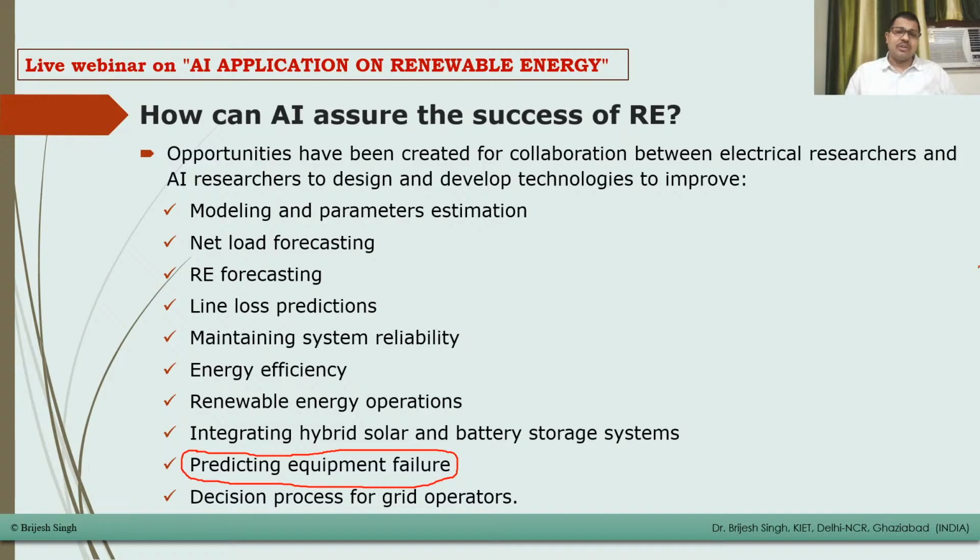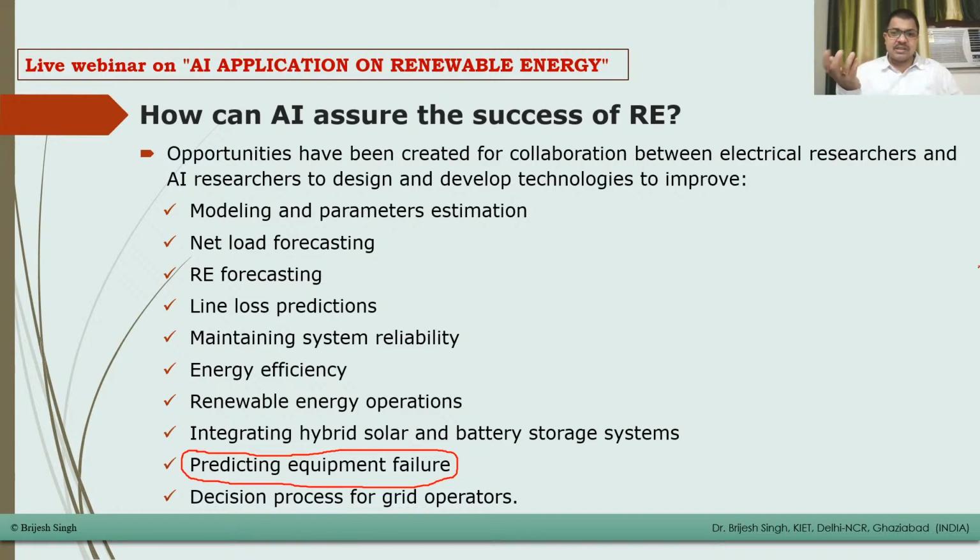At state level, the State Load Dispatch Center; at region level, the Regional Load Dispatch Center; and below the regional load dispatch center there are substations. All are coordinated and work in a synchronous manner on the basis of some decision making.